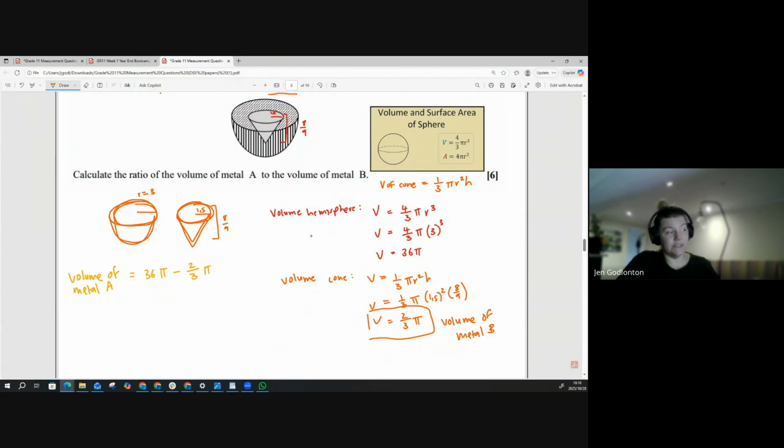And that is going to give us the volume of our hemisphere minus the cone. So 2/3 times pi. And that is going to give us 106/3 pi. Okay, so now we have everything that we're needing so far.